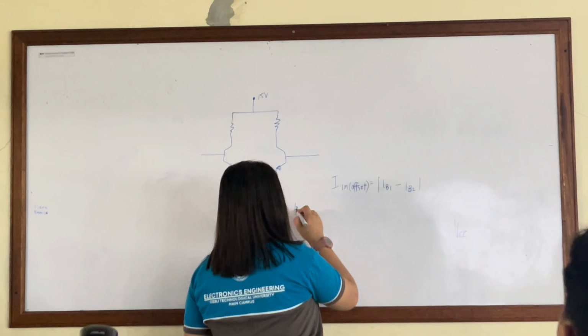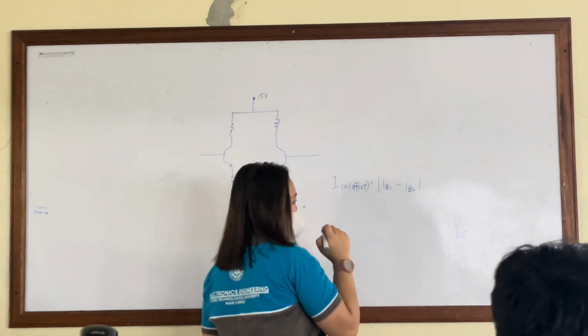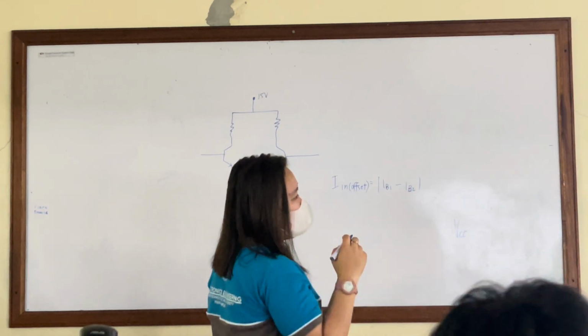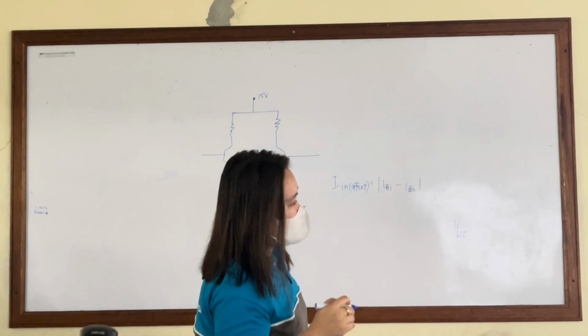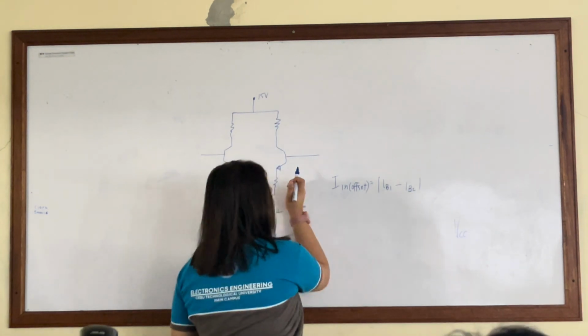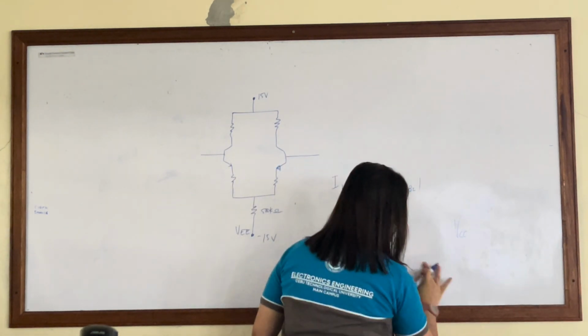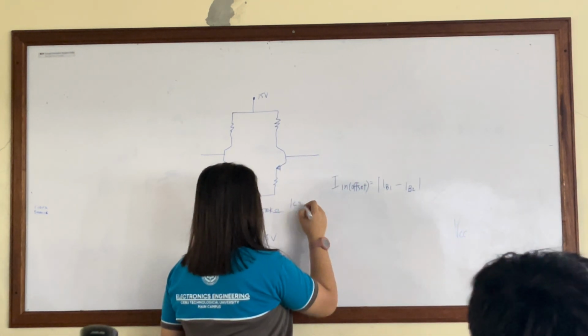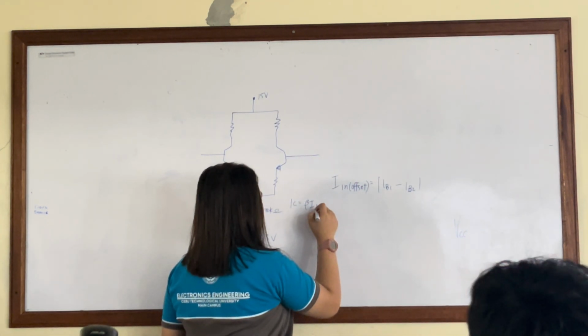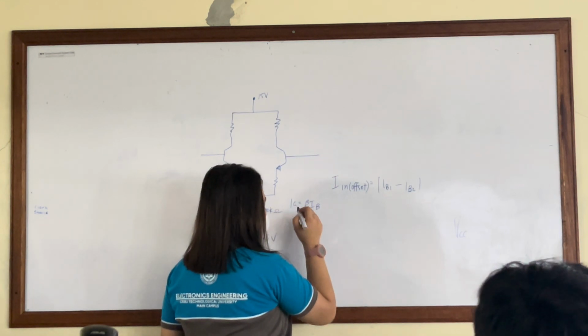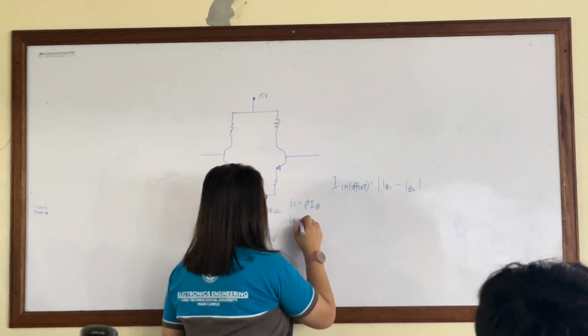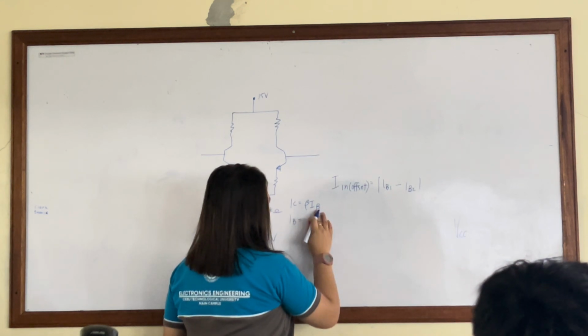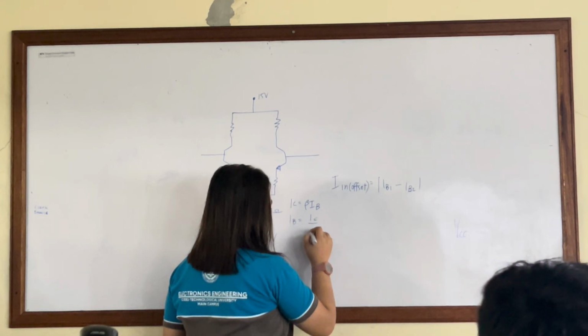IB1 can be solved using the formula we already put earlier. IC is beta times IB. To find IB, we need IC over beta.